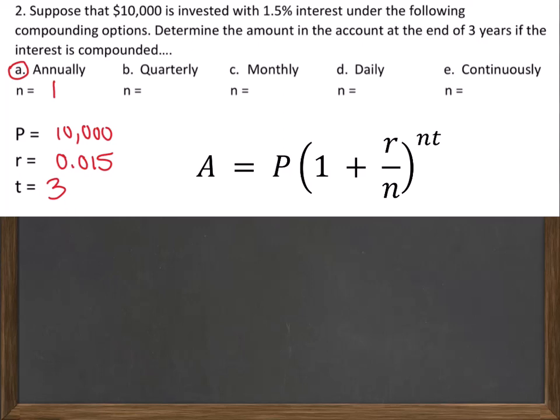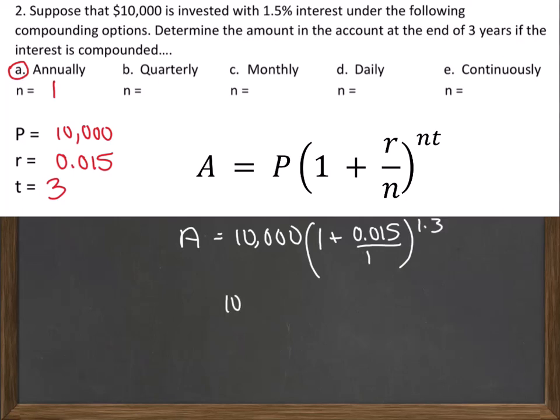So we don't know A, the amount. That's what we're being asked for. So we can say that A is equal to our principal. Remember, our principal, our beginning amount of money that we're investing, is $10,000. So we have 1 plus 0.015 over 1 raised to the 1 times 3. So this is going to give us 10,000 times 1.015 to the third power. Again, remember your order of operations. You cannot multiply until you resolve your exponent.